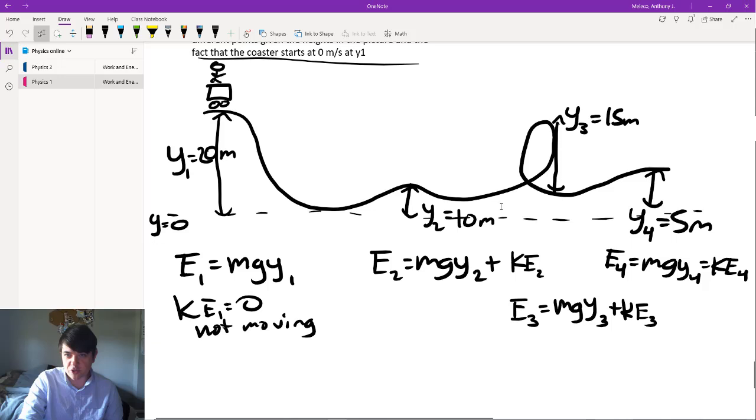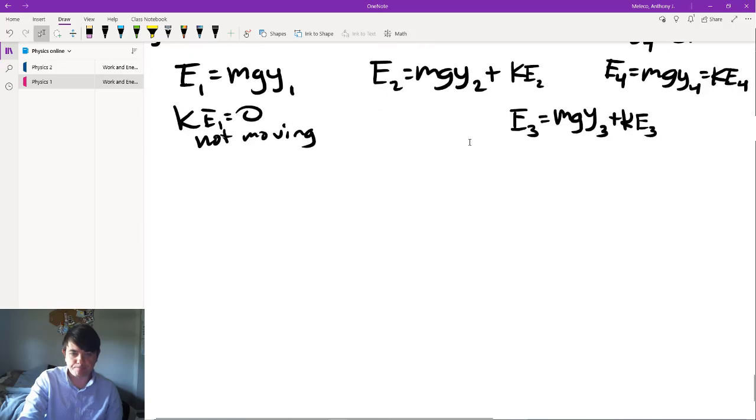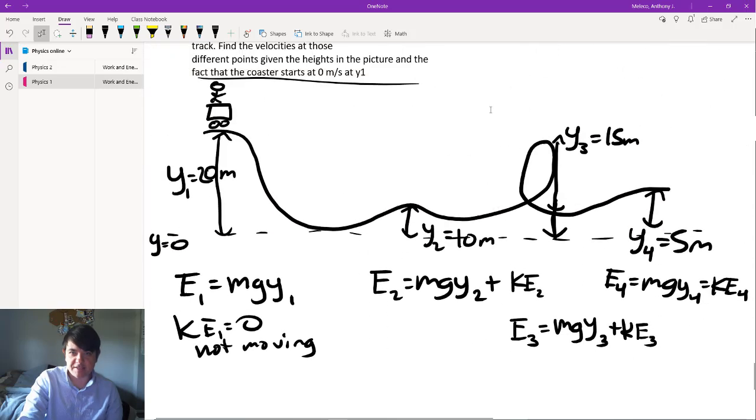They have a potential energy because they're all not at zero, positive potential. And I forgot to draw this down further. They all have kinetic energies except for this one because they're moving. So we want to solve for the velocities at the different points.